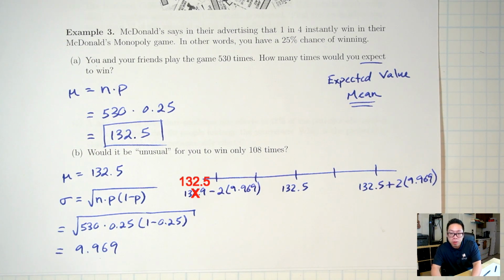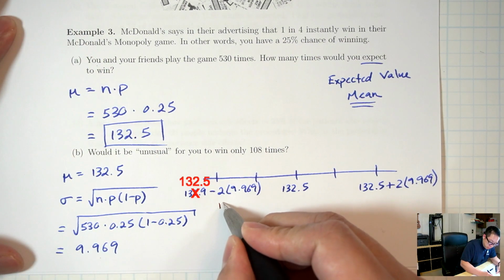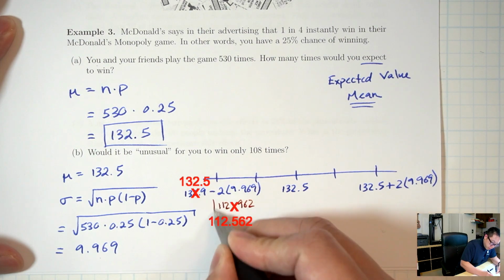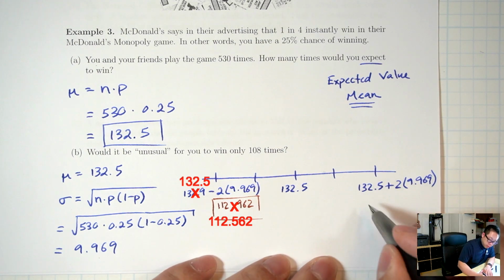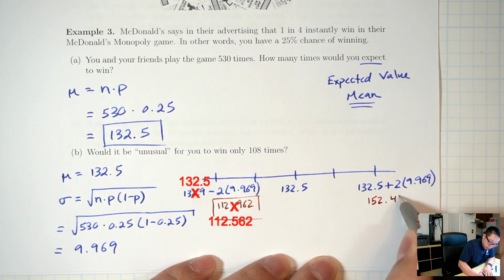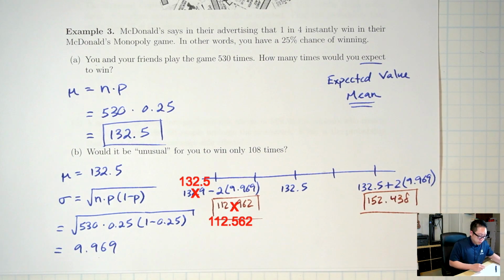Okay, so let me do this on the calculator. The low number is 132.5 minus 2 times 9.969, which is 112.962. Okay, that's the low number. The upper number, 132.5 plus 2 times 9.969, is 152.438.